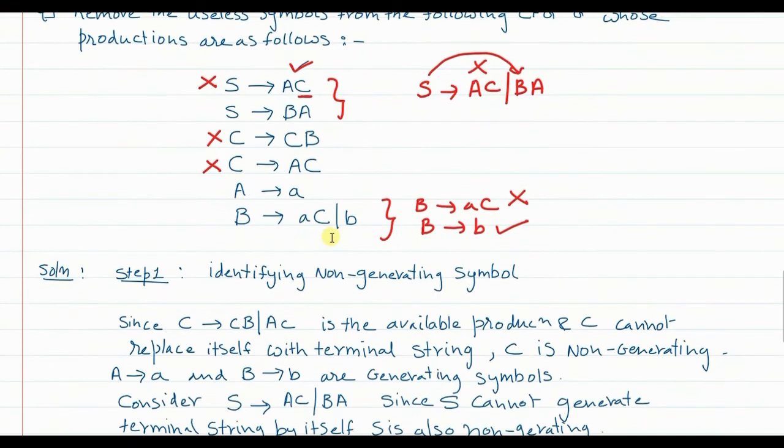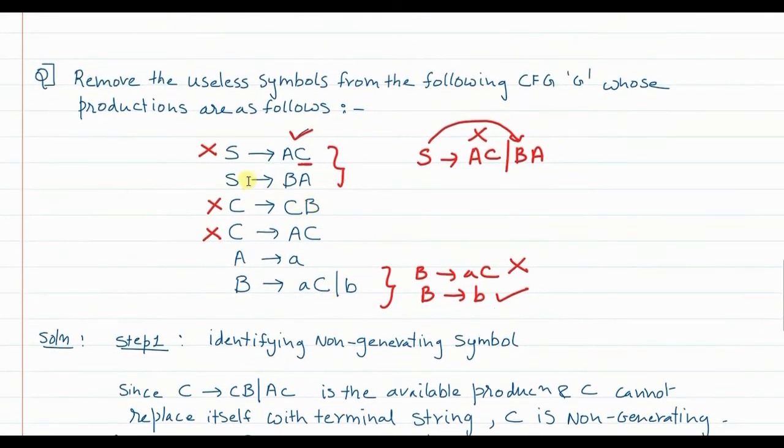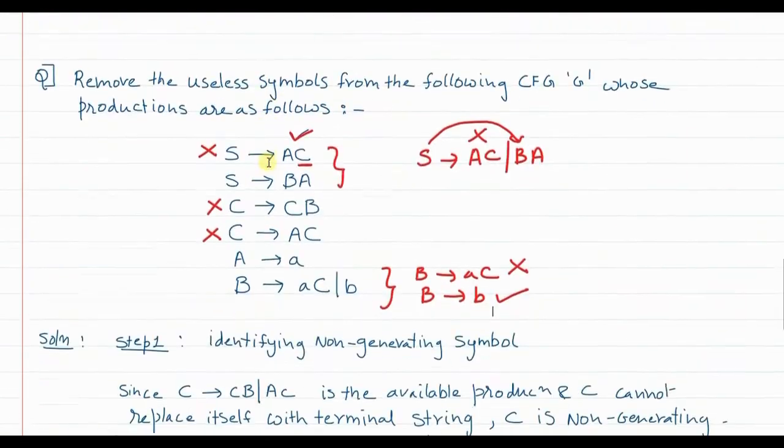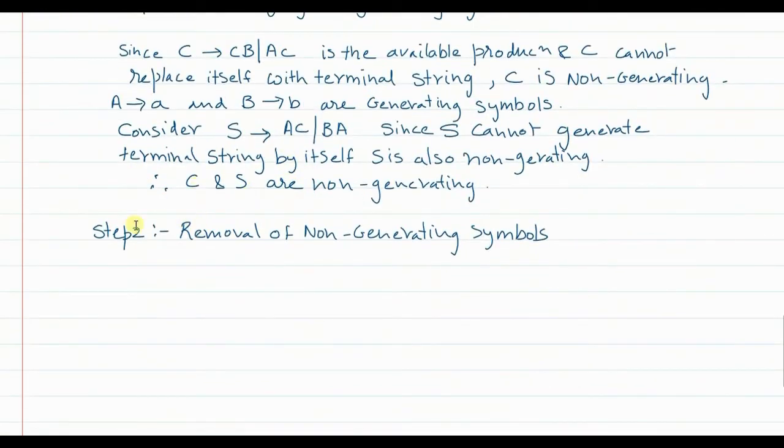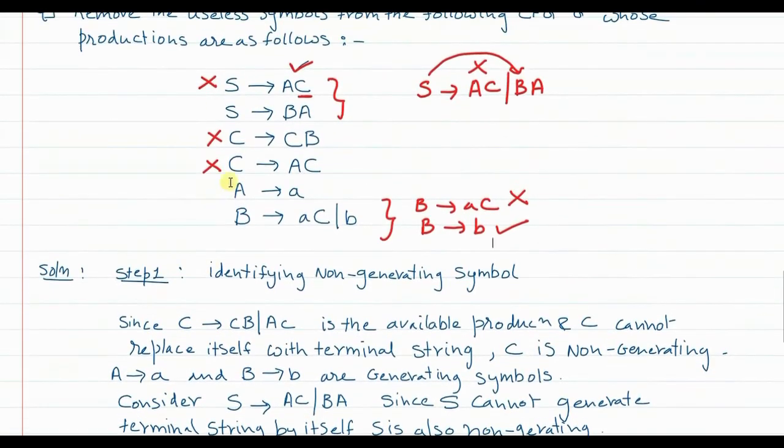Now remember, a student might ask that C and S are both not generating. I have removed all the productions where C is involved, but there is also a production where S is involved on the left hand side. Do we have to remove this production? No. Whichever production S is involved in, we will have to retain.